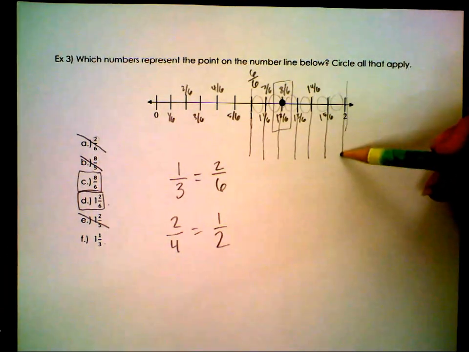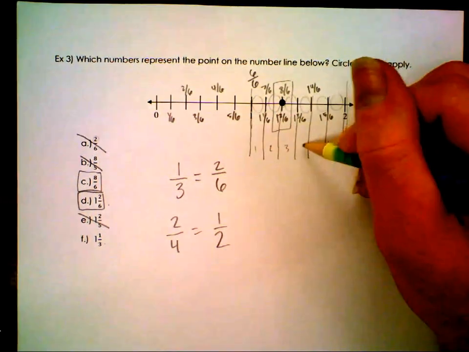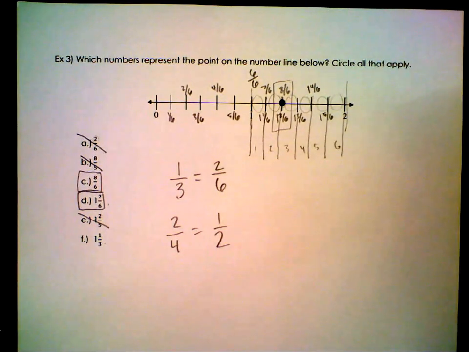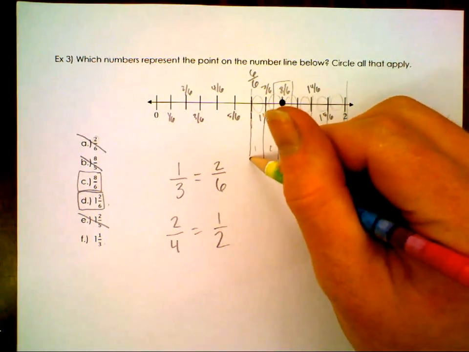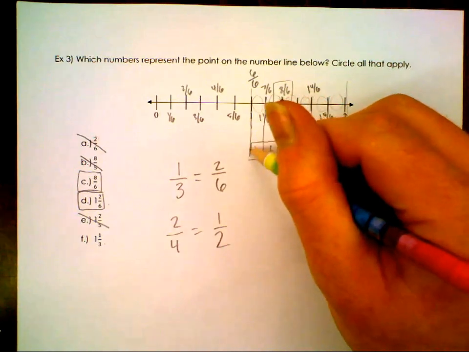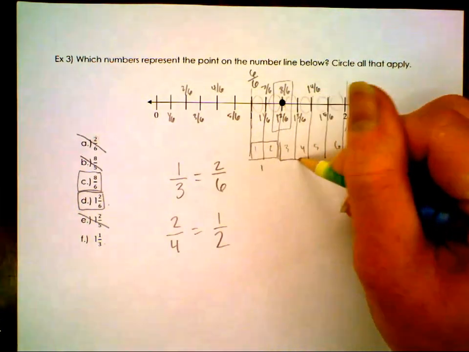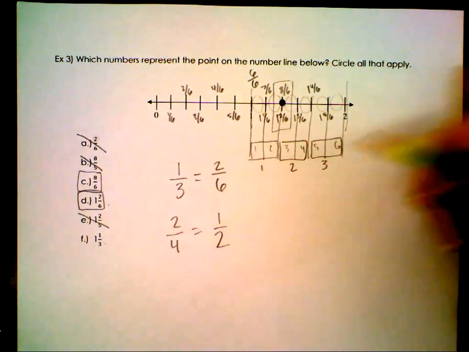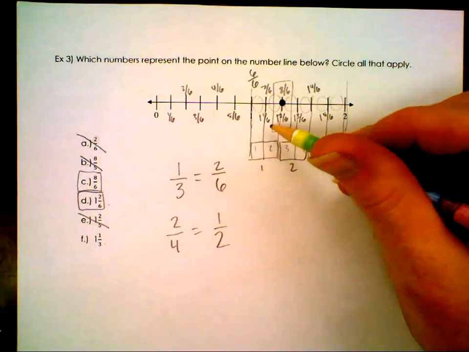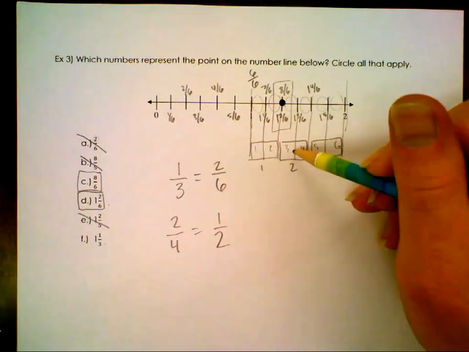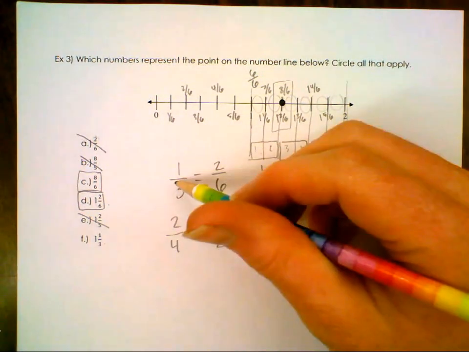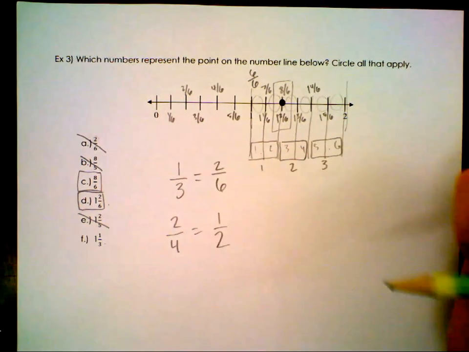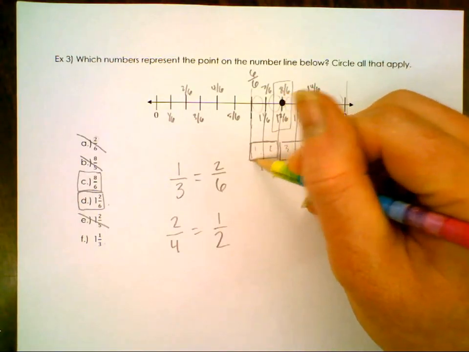Now we have 1, 2, 3, 4, 5, 6 pieces. But if we look at it this way, we can make 1, 2, 3 pieces. So this is not going to be a 1/6 anymore. This would be thirds. We can easily convert thirds into 6ths. So if I have 2/6, we can label this again.